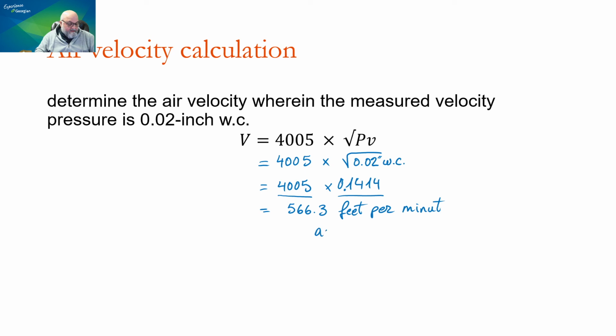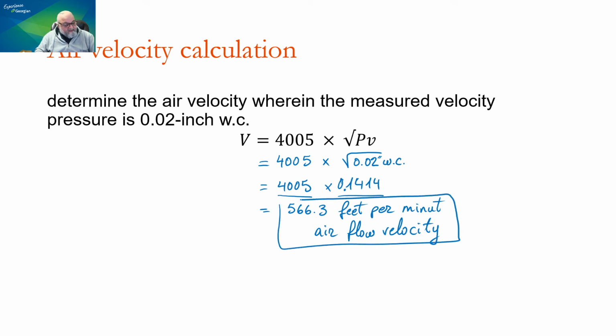That's airflow velocity. The good thing about this is now if I know the size of the duct that this air is flowing in, I can tell you what the CFM is. That's the whole idea of it.